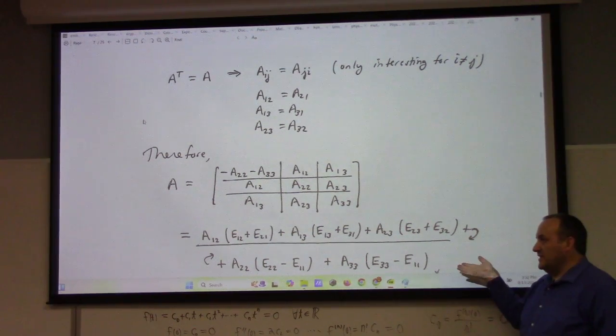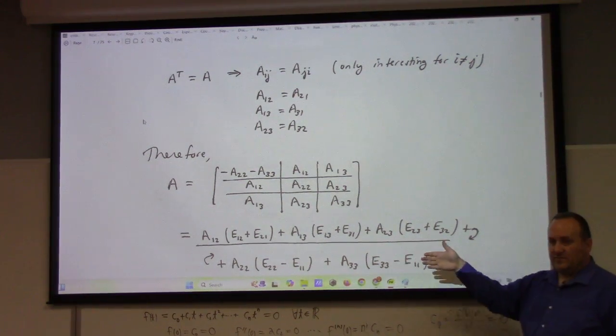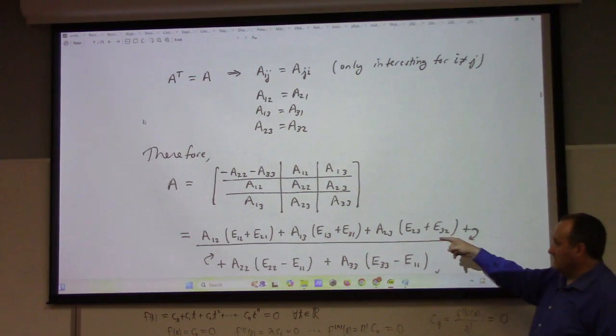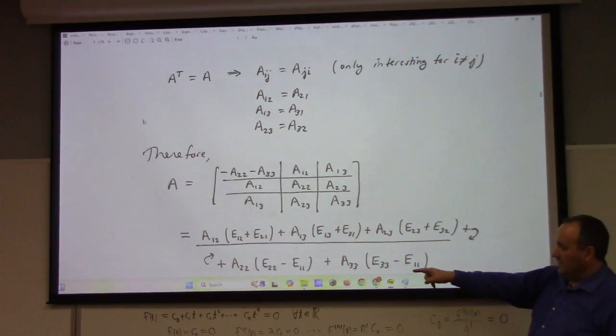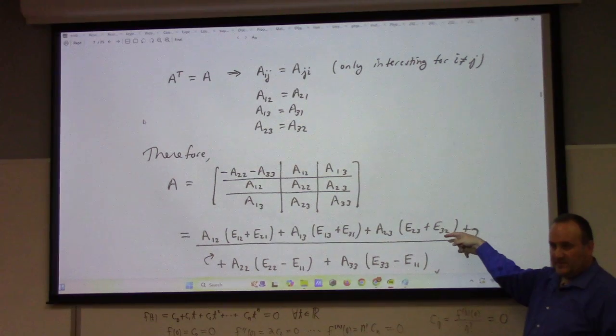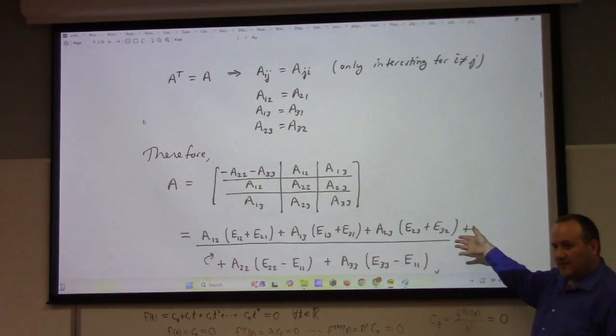Why is this set linearly independent? What happens if you put this linear combination equal to 0? What does that imply? It implies that A12, A13, A23, A22, and A33 are all 0. Because the only way A can be 0 is if all of its components are 0, and hence these components must be 0. So we get simultaneously a proof of the linear independence as well as the spanning of that set.